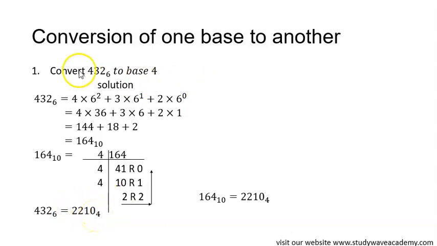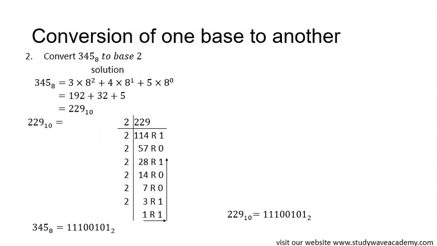Okay, so we have converted 432 in base 6 to base 4. Do you understand? So first you convert to base 10, then from base 10 you convert to the base you are asked to convert to. Okay, let's look at another example to help us understand better.